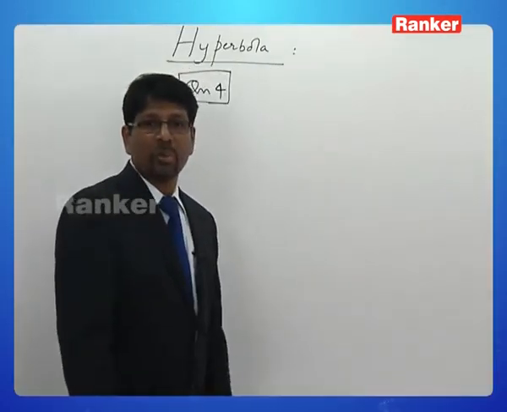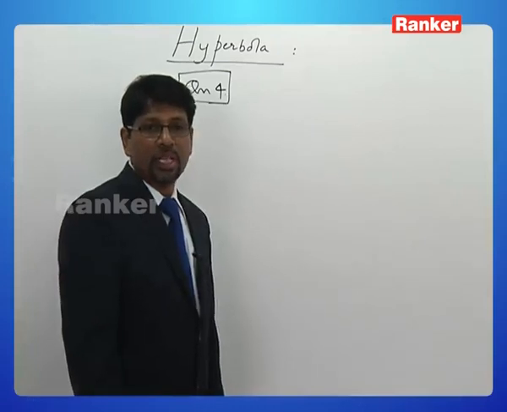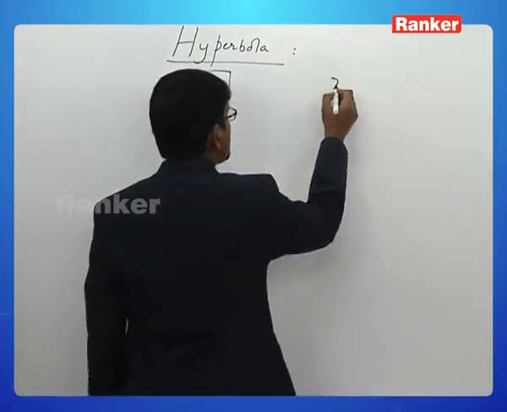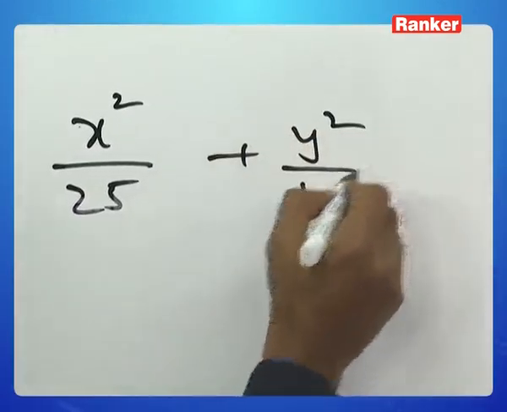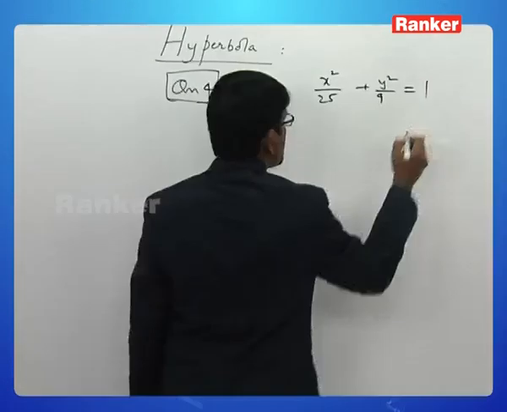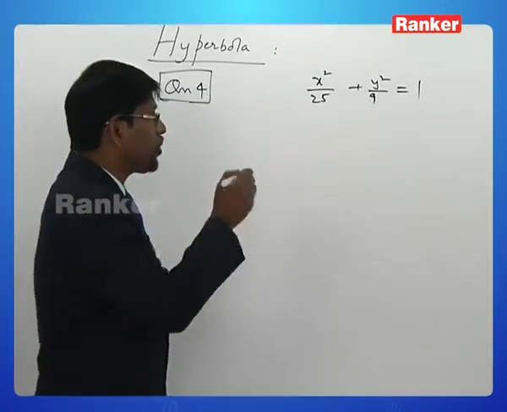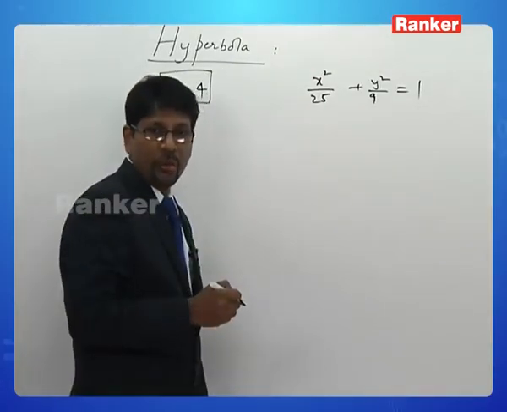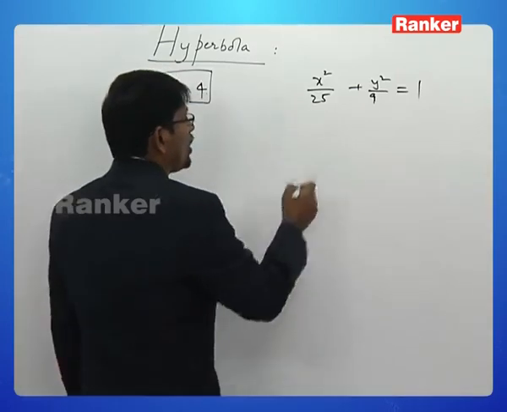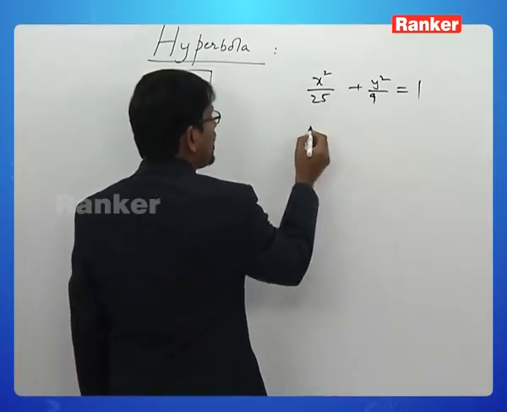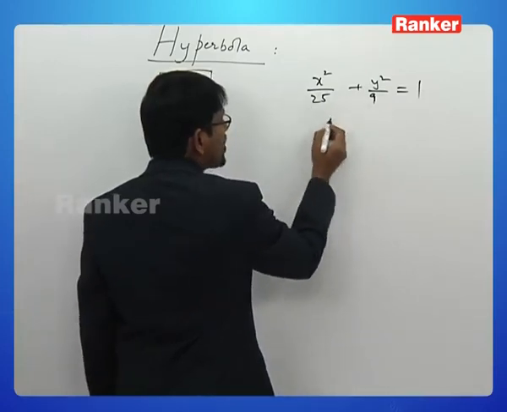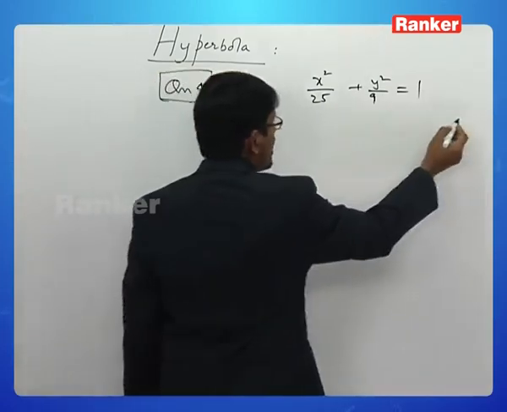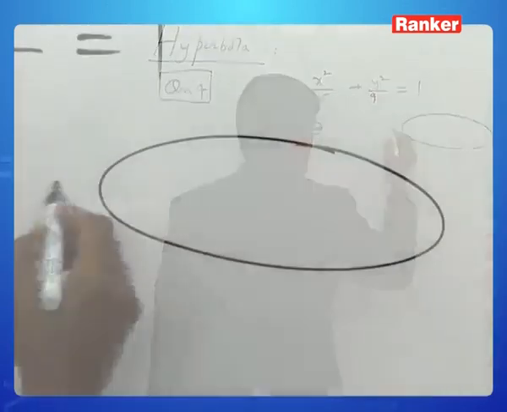The foci of the hyperbola coincide with the foci of the ellipse. So let's now consider the ellipse x square by 25 plus y square by 9 is equal to 1. Let's find out the foci of this. They have to be the foci of the hyperbola. Here it's an ellipse with the major axis along the x-axis clearly.